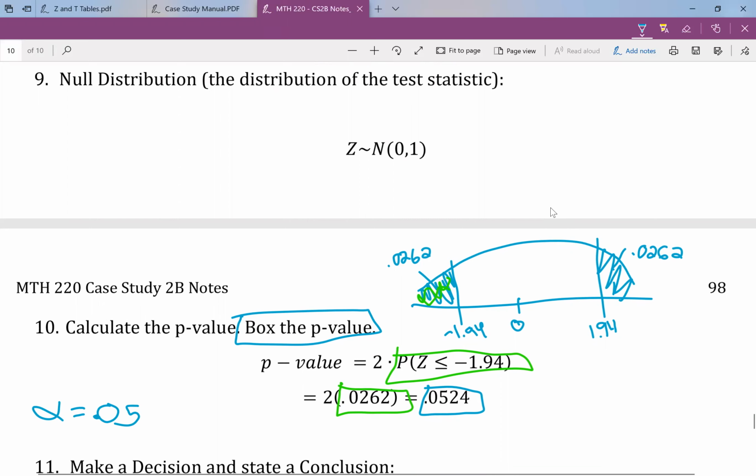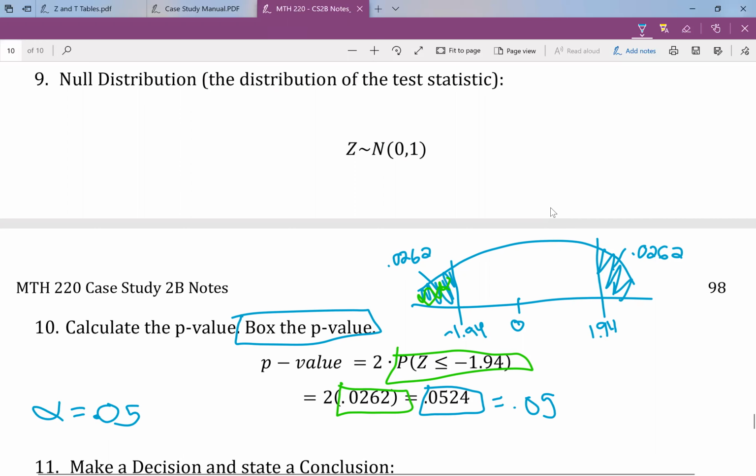There's always the chance that we made a mistake because we don't know the whole population. Something about this p-value, even though it's 0.0524: if we want to compare this directly to alpha, we can round to 2 decimal places.